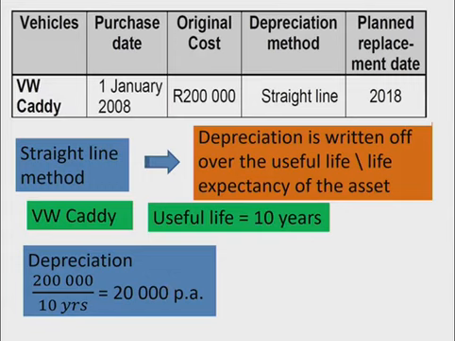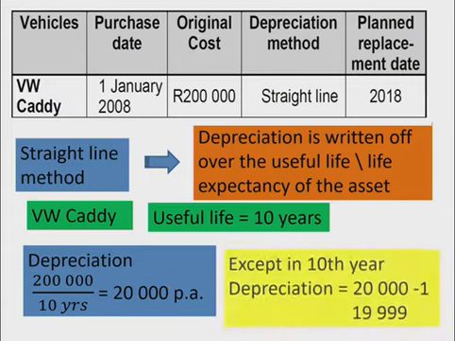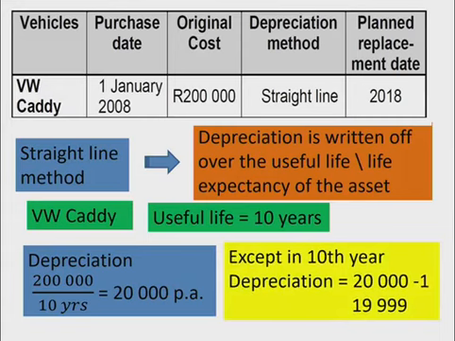We will do that for every year, except in the 10th year or the last year. Then we'll only write off the depreciation of 19,999. Why do we do that? Because we want to keep a residual value of 1 rand.